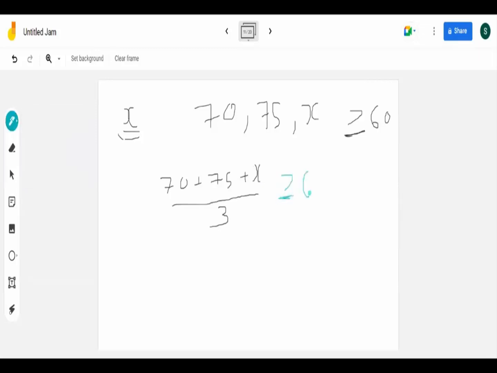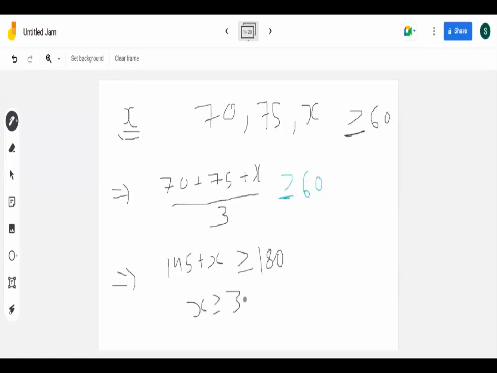Now once we have formed this inequality using the word problem, you can easily solve it. 70 plus 75 is 145, plus x is greater than or equal to 180. So x is greater than or equal to 35.